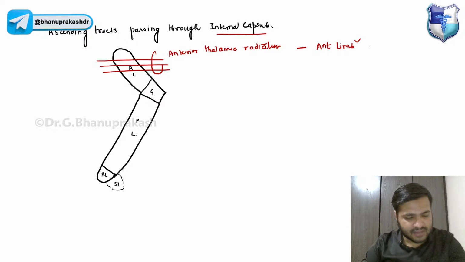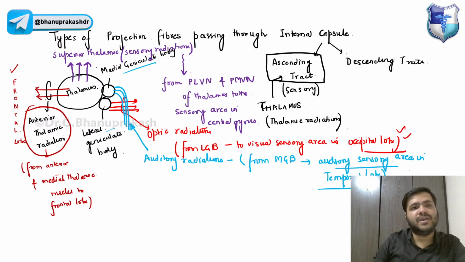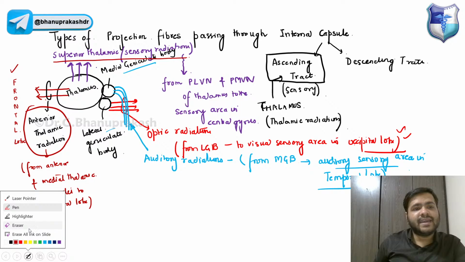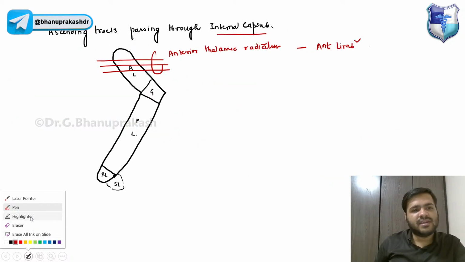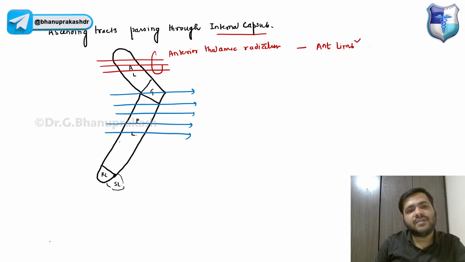Now, coming on to the genu, guys, the superior thalamic radiations, or the sensory radiations. In some books they have written only posterior limb, but just remember, they are also passing from the genu as well. They pass through the genu and the posterior limb, covering the maximum area.